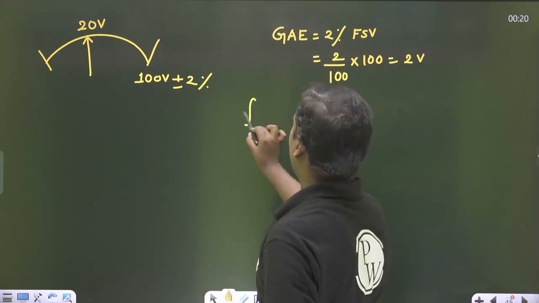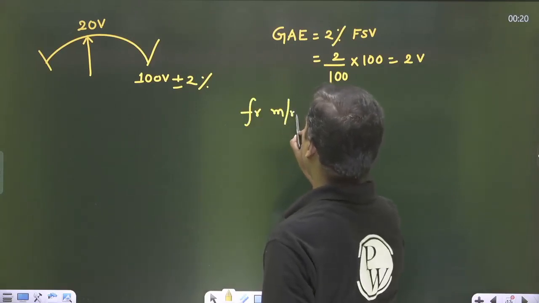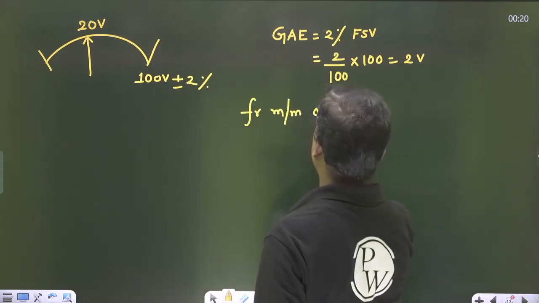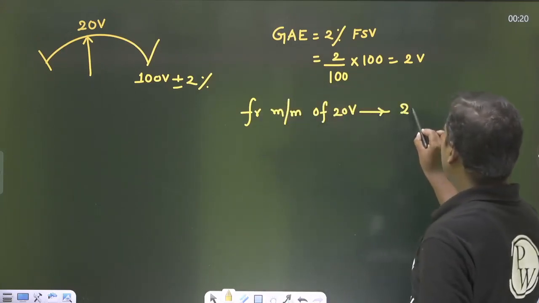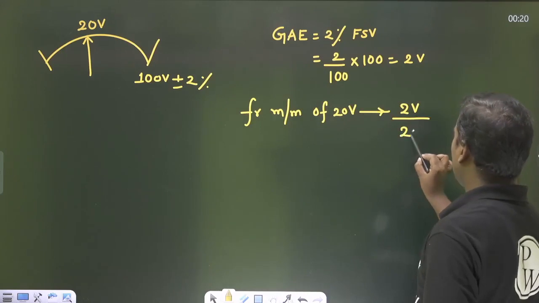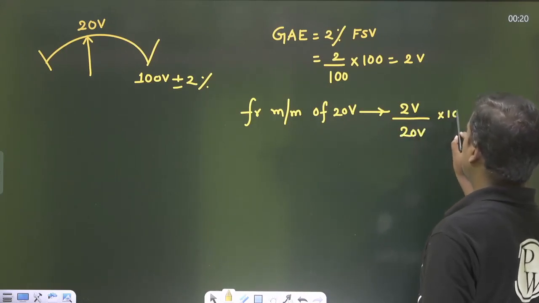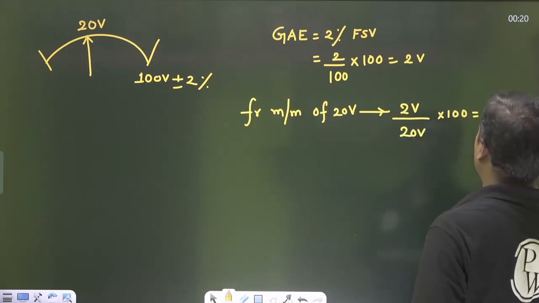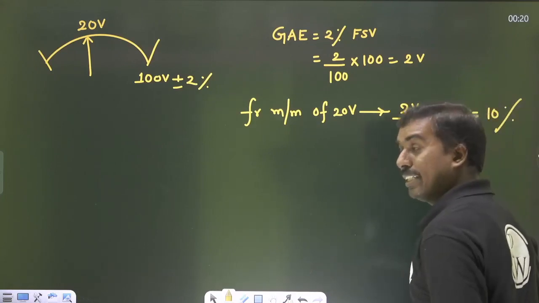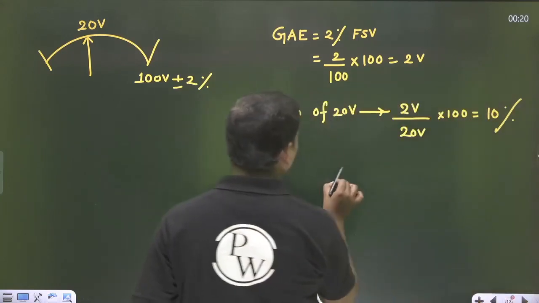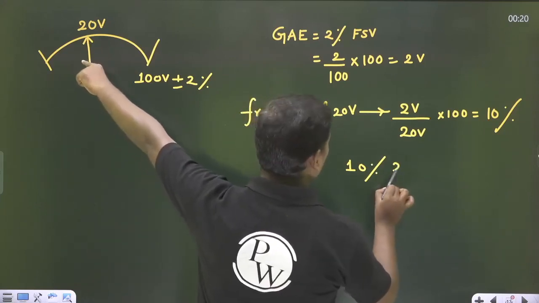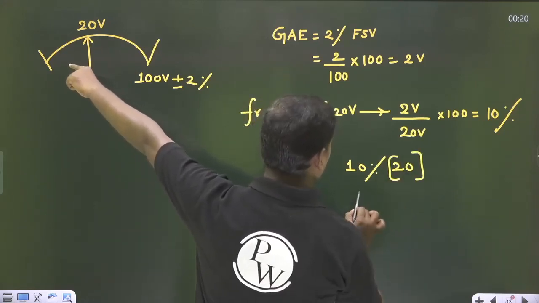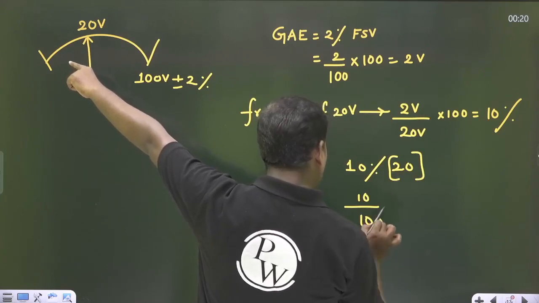Now for measurement of 20 volts, you are limiting the error for a measurement of 20 volts. So that is coming as how much? 10%. So 10% of your measurement is 10% of 20, that means 10 by 100 of 20.